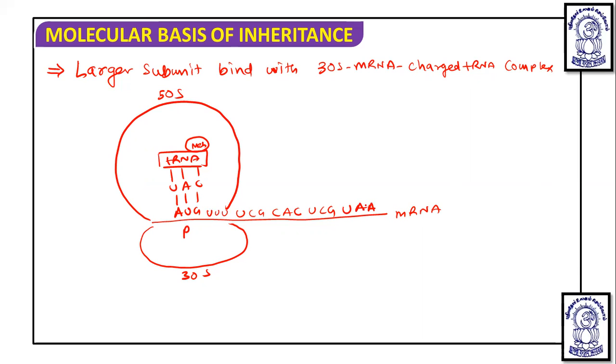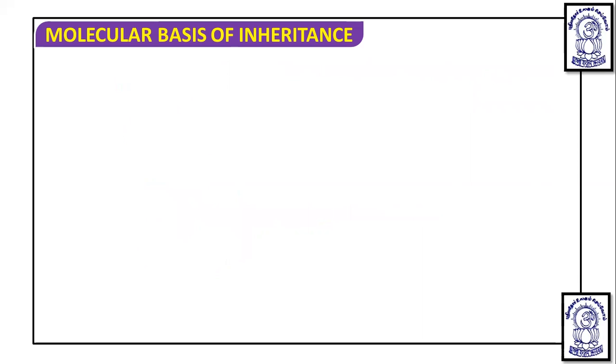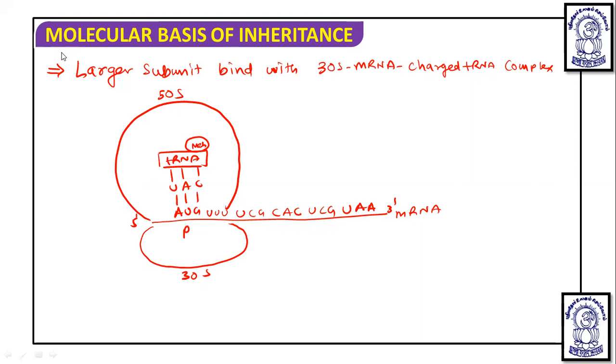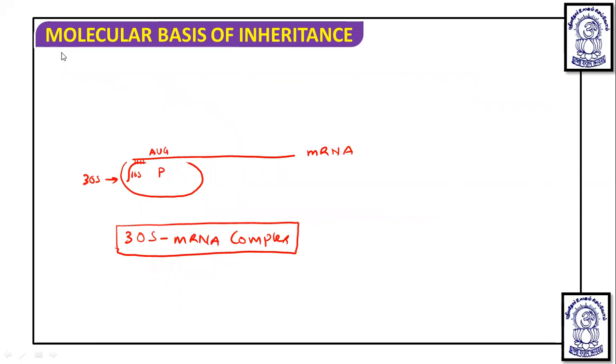Like this is the sequence in mRNA from 5' to 3'. Now we are going to understand chain elongation. So, chain initiation was up to the binding of the large subunit.